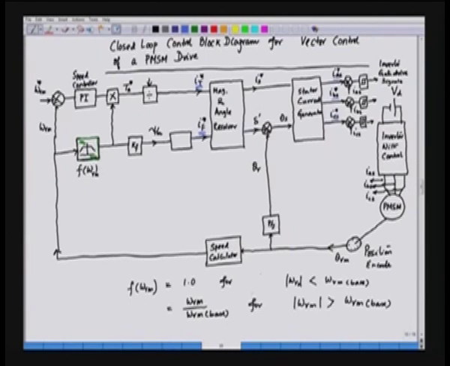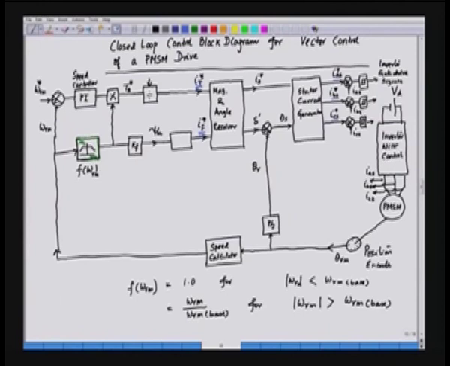In fact, we do this in two stages. First of all, we have two orthogonal components. IT and IF are mutually orthogonal to each other. IT is in the q axis, IF is in the d axis. So, we convert these orthogonal components in the rectangular coordinate into polar coordinate.